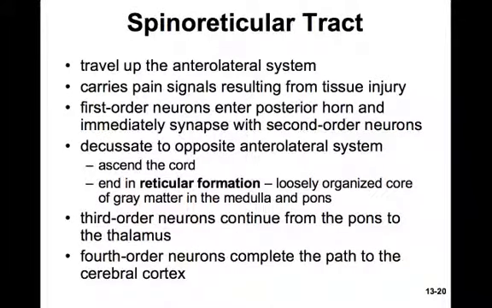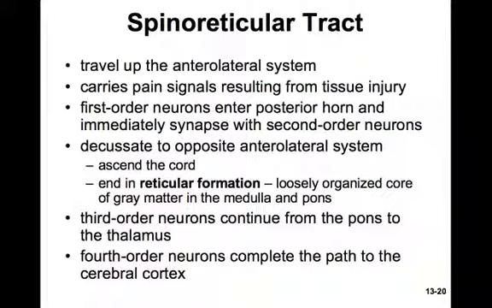The Spinoreticular Tract also travels up the anterolateral system. It carries pain signals that result from tissue injury. The first-order neurons enter the posterior horn and immediately synapse with second-order neurons, just like we saw in the Spinothalamic Tract. They decussate to the opposite anterolateral system and then ascend the cord and end in a loosely organized core of gray matter, which we will know as the reticular formation in the medulla and pons.